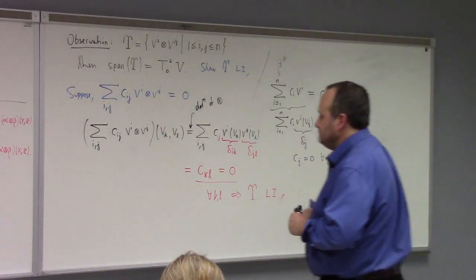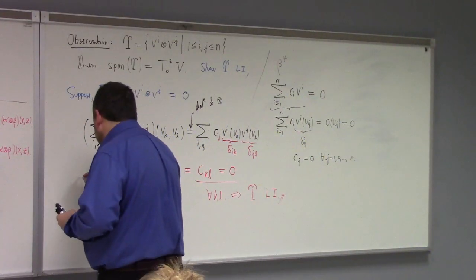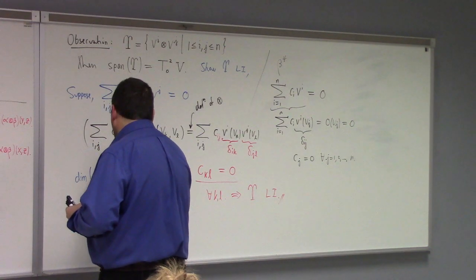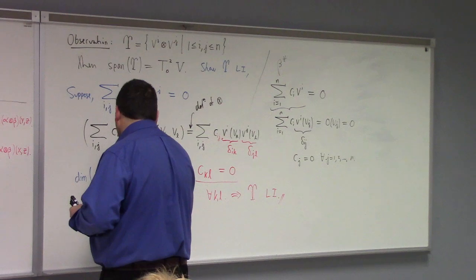What is the dimension of T^0_2(V) then? Can you tell me?